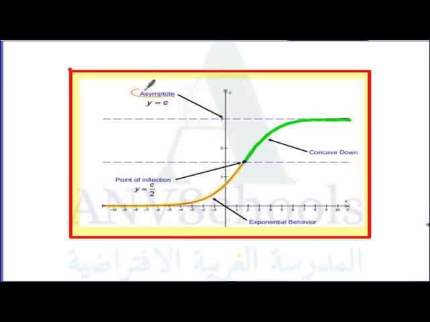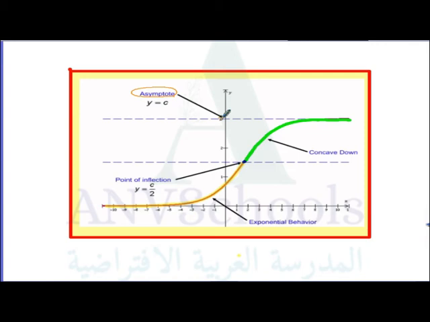Okay? Let's say your asymptote is y is equal to c, a certain arbitrary constant. It could be y is equal to 3, it could be y is equal to 4, it could be y is equal to 5, 100, depending on the restraint posited for your function.